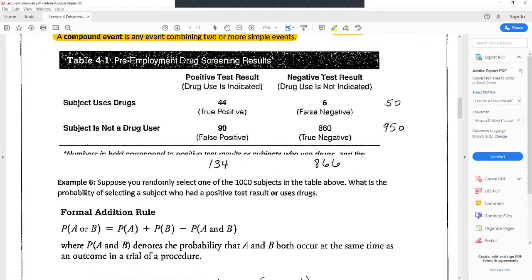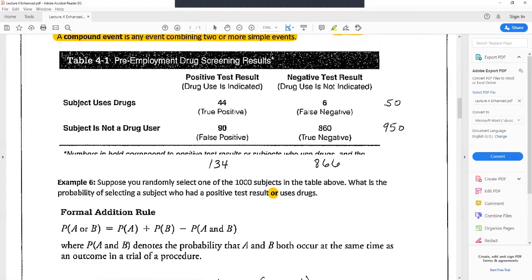Example 6 says, suppose you randomly select one of the 1,000 subjects in the table above. What is the probability of selecting a subject who had a positive test result or uses drugs? And remember, when we use the conjunction or, that means we end up adding in the probability calculation process.